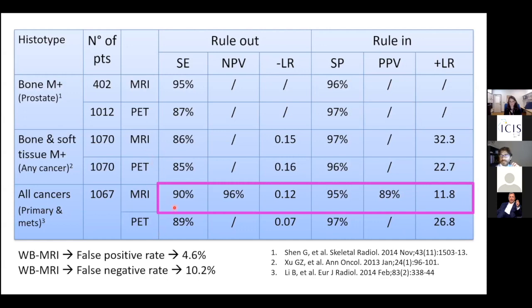And the specificity is also very good, 95% more or less, as you can see here in this table, which is again comparable to that of PET. And what is interesting with whole body MRI, we know from these publications that the negative predictive value is again in the range of 95%.